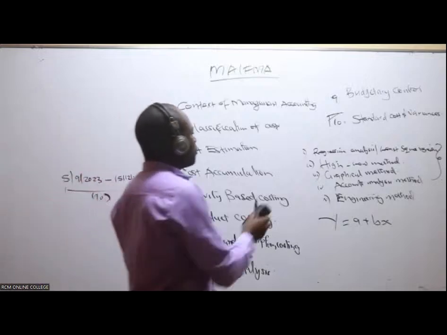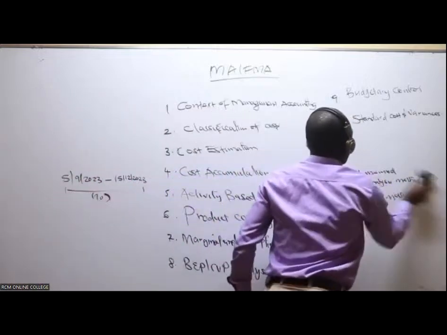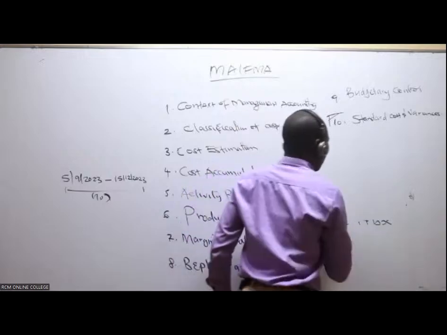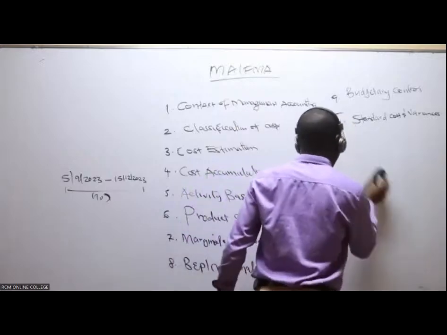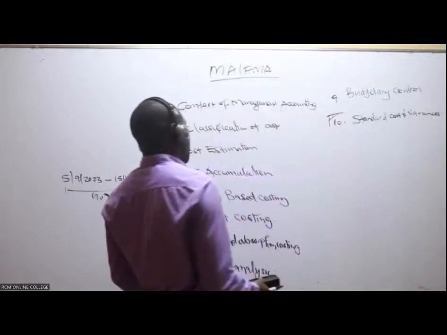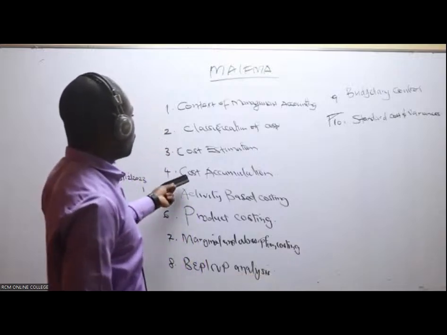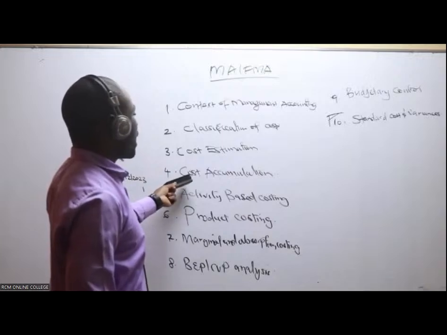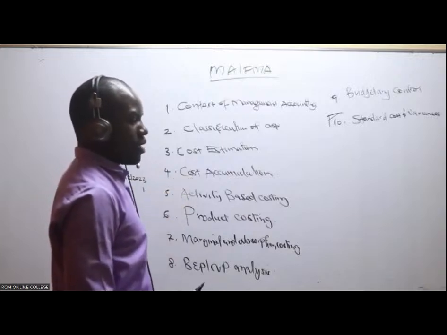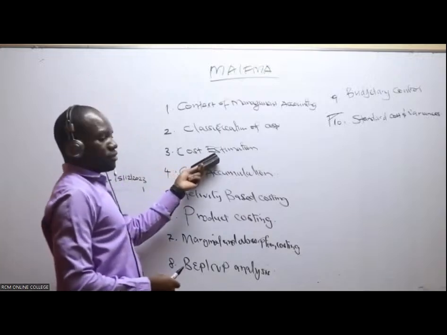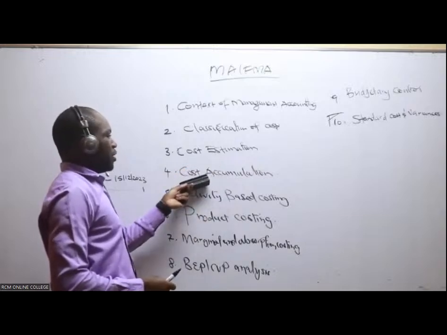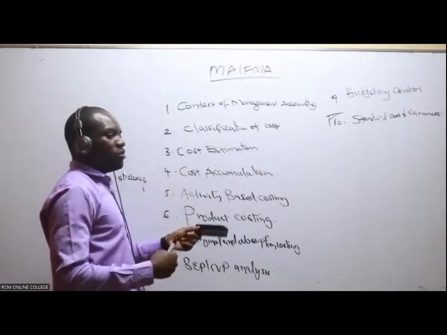Topic number 4. Remember, we said that once you do all these other topics, topic number 2 will be the simplest topic. And that's true. If I come to topic number 4, cost accumulation, I've estimated the cost in topic number 3. In topic number 4, I'm going to accumulate this cost.